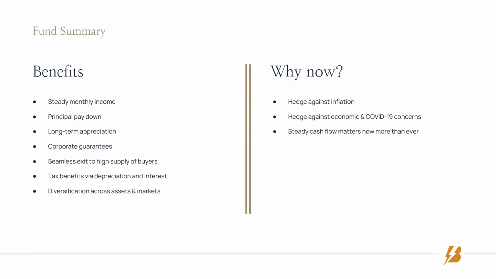You have those franchise and corporate guarantees that really allow us, as investors, to believe that the asset's going to do very, very well over time. And when we're getting ready to exit, there are plenty of buyers out there looking for these types of assets, same as with many other real estate asset classes. You have numerous tax benefits with depreciation and interest, and especially with this type of deal, you get diversification across multiple assets and across multiple markets.